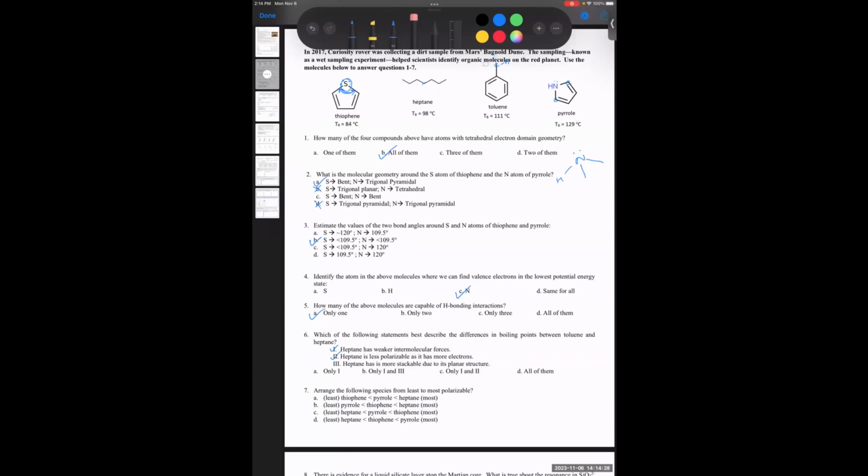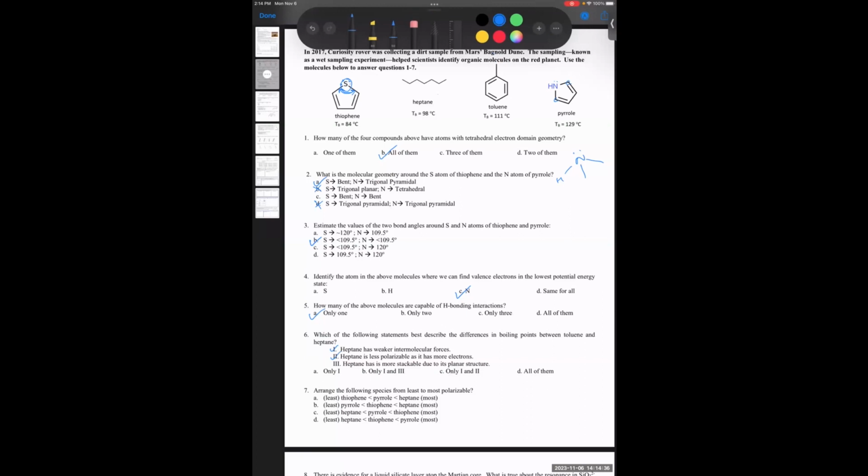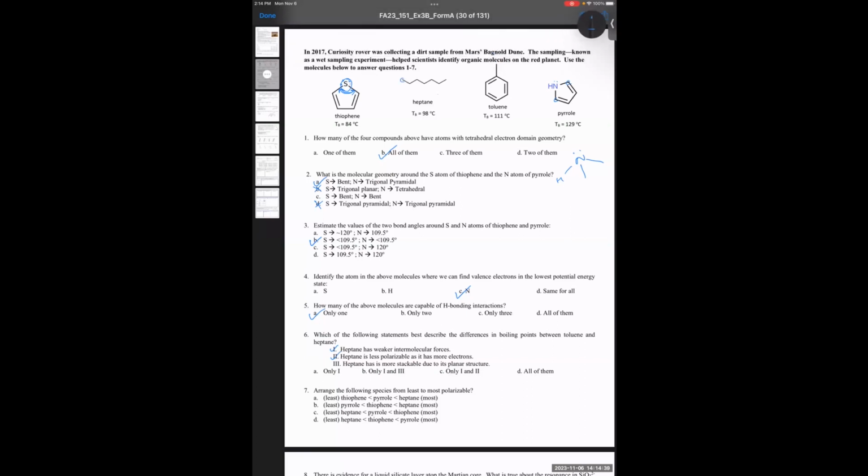Let's take heptane. Even if you counted the electrons, we have carbon, carbon, carbon, carbon, carbon, carbon, carbon, and then we should have 3 hydrogens over here on the terminal carbon, and a lot more hydrogens along the chain.